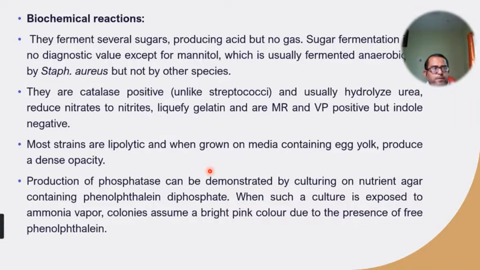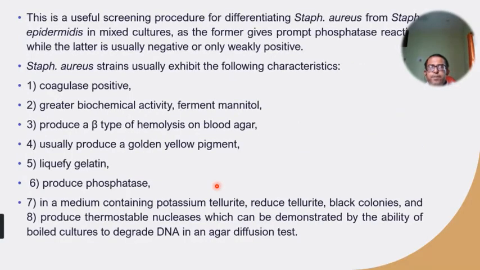The bacteria produces the phosphatase enzyme, which splits the phenolphthalein diphosphate, and the phenolphthalein released shows a bright pink color on contact with ammonia vapors. It is another test used for demonstration purposes.